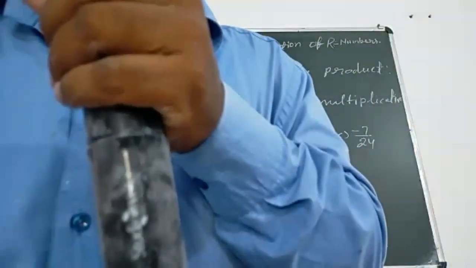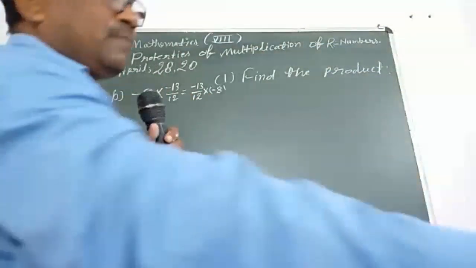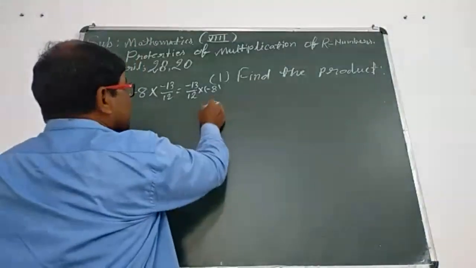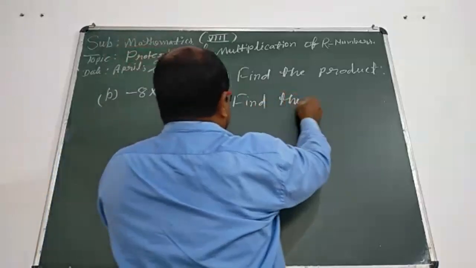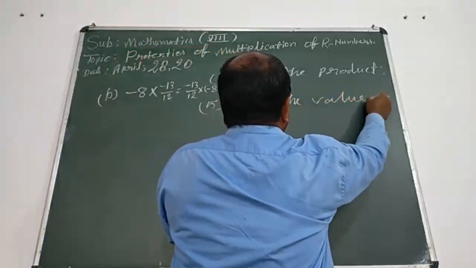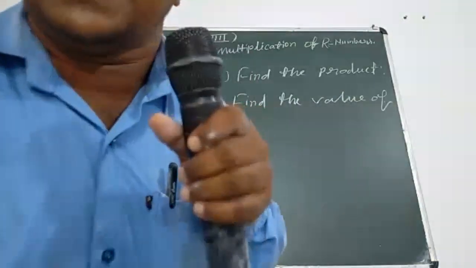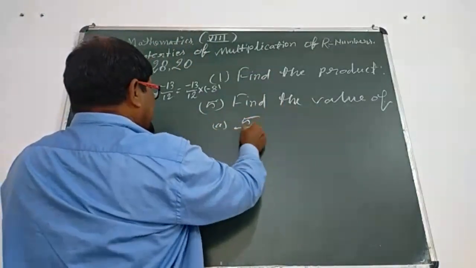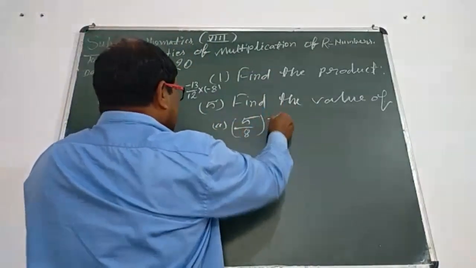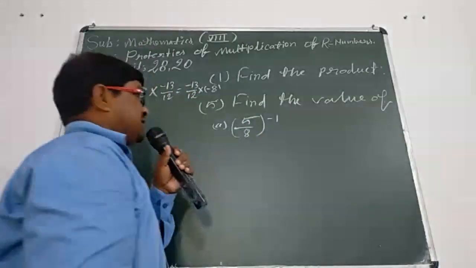Now, sixth type of question. Find the value of 5 upon 8 to the power minus 1. Student, that is also called multiplicative inverse.